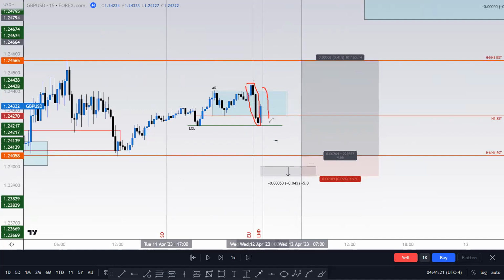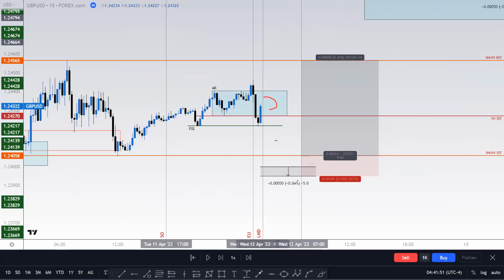Now, if this happened in London, creating this equal low and giving a bullish setup, then I'd probably have taken that initial long opportunity, right? But where price in the European Open had created its equal lows and contracted, then I'm anticipating in London, because obviously I'm not going to just buy there in London, right? I want to see price take out this equal or some form of sell side in London, which it typically does, before I'm interested in entering.